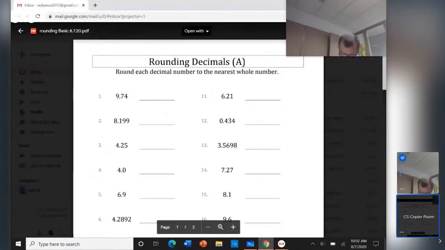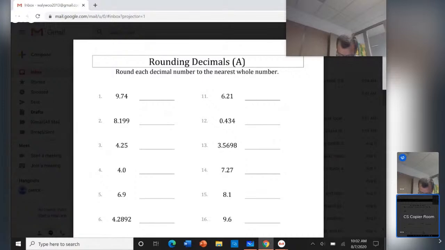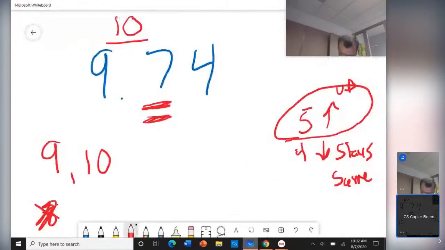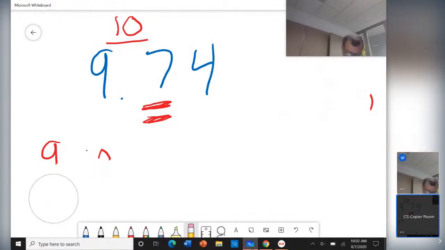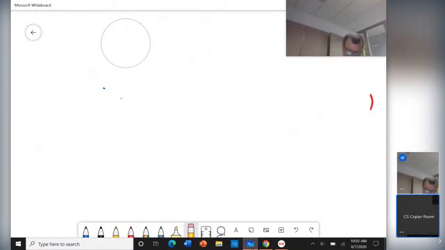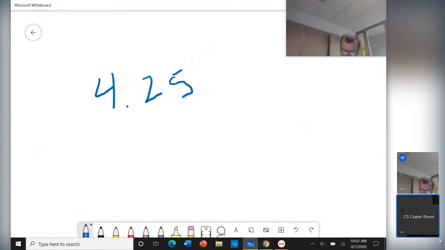Let's do number 3, 425. Our options here are 4 or 5. So it's either going to be $4 or $5. Round to the nearest whole number.